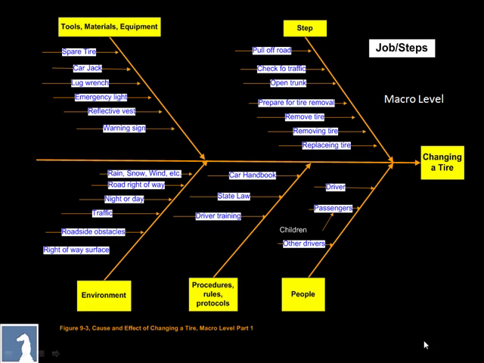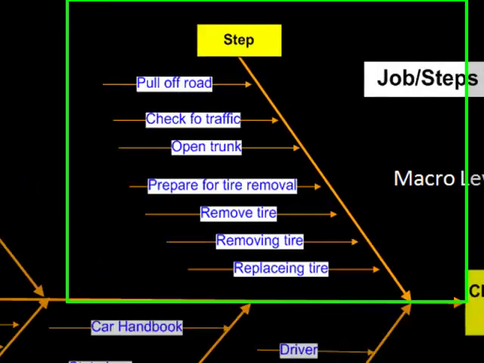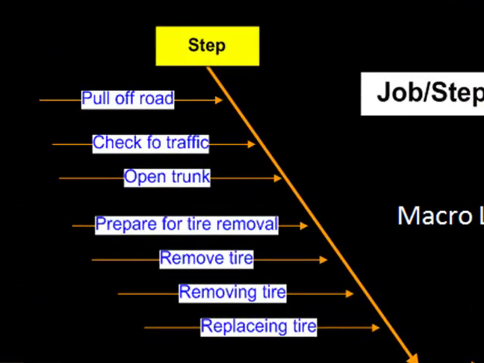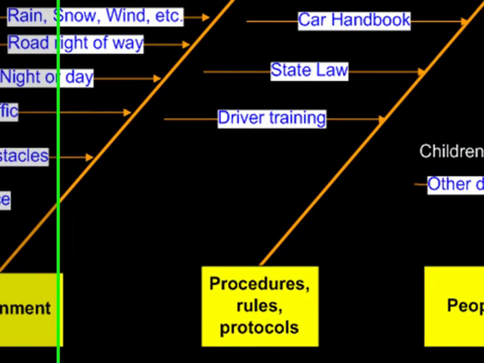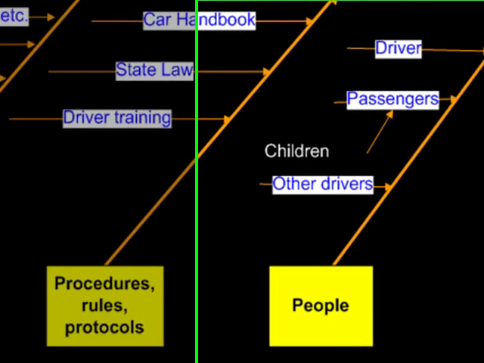By using the cause and effect diagram at a macro level and the use of the 5 ribs as we've outlined here, you can step back away from the job of changing a tire and begin to see the interrelationships between the steps required, the tools, materials, and equipment required so that you can identify that everything's there, the environment, the procedures, rules, and protocols, and people.